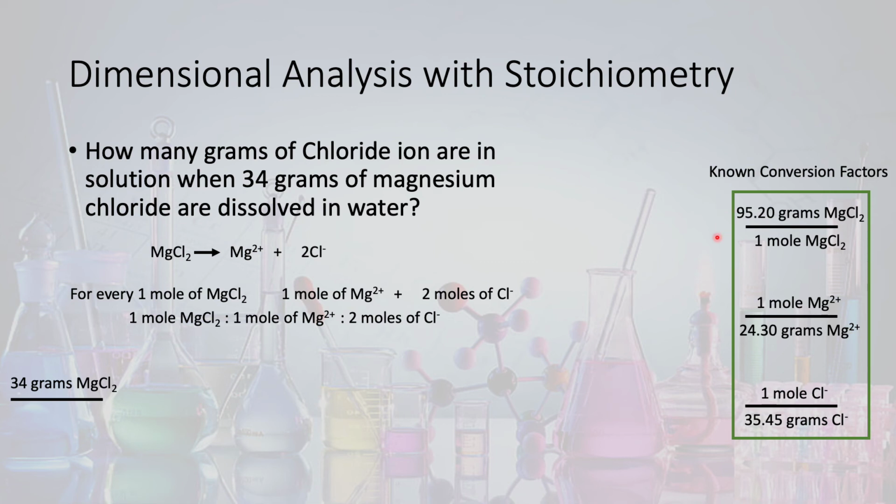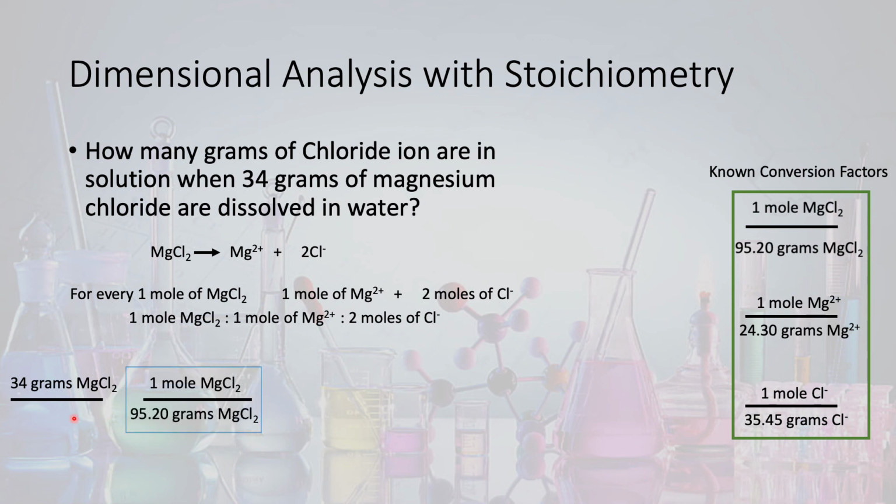We can use the molecular mass of magnesium chloride over here, which is described as 95.2 grams per every 1 mole. We know that because this conversion factor can become interchanged, 1 mole of magnesium chloride is equivalent to 95.2 grams magnesium chloride.